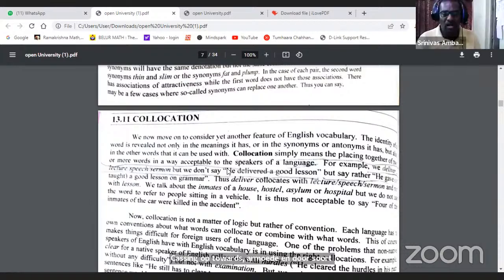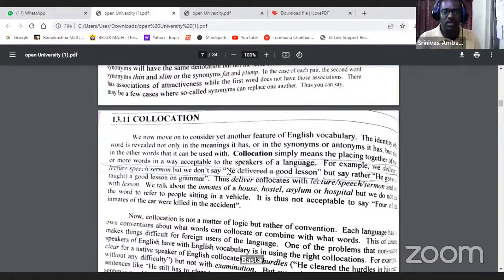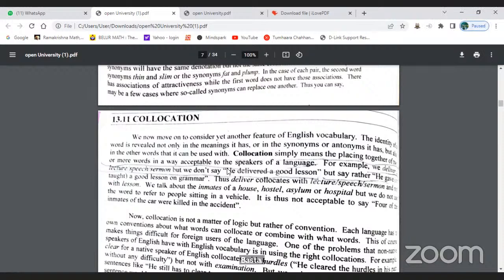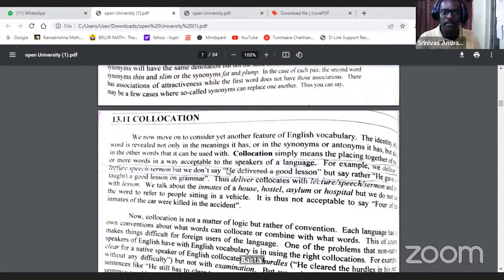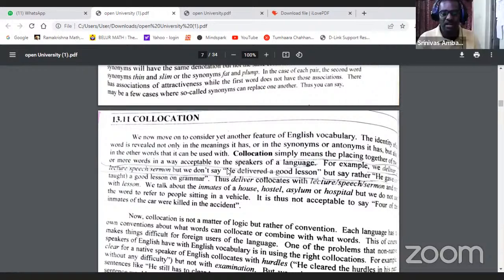Example: hostel, inmates of house, hostel and all.